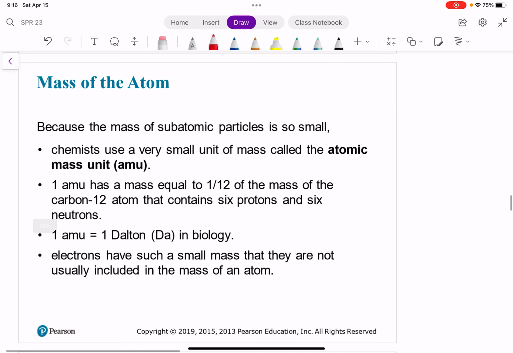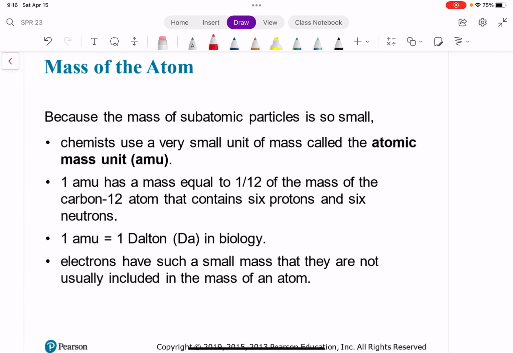Okay, because subatomic particles are so tiny, chemists developed a unit of mass called the atomic mass unit, or AMU. And 1 AMU has a mass equal to 1/12 of the mass of the carbon-12 atom. That's kind of gibberish right now.